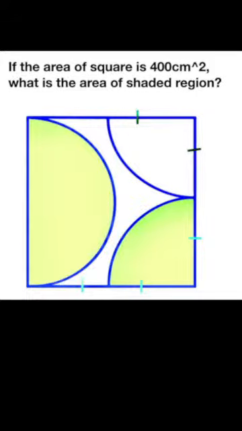The area of the square is already given to you guys. You need to calculate the area of the shaded region. I do need the correct answers along with the correct approach. Only correct answers are not entertained because that's not going to help anyone. The area of the square is already given, 400. We do need the area of the shaded region.